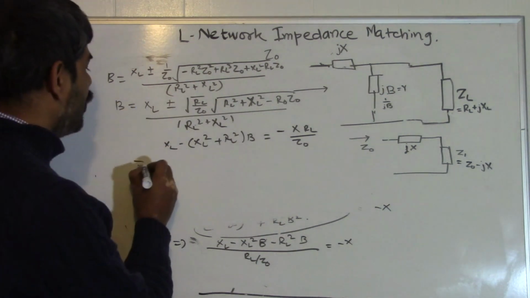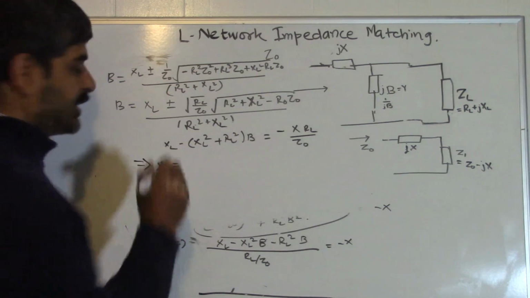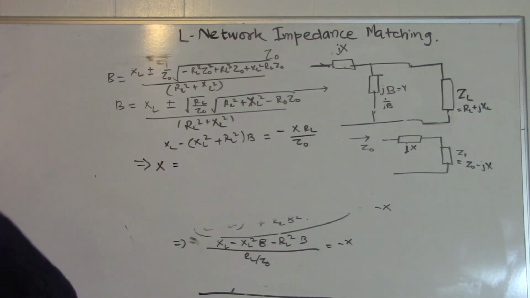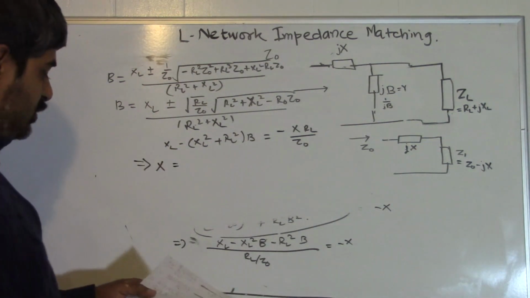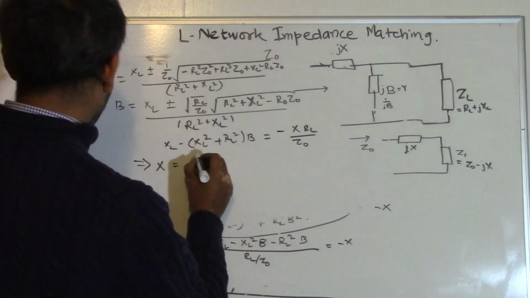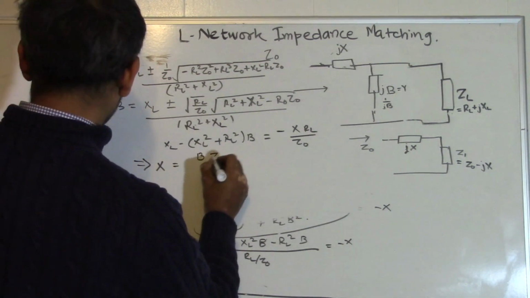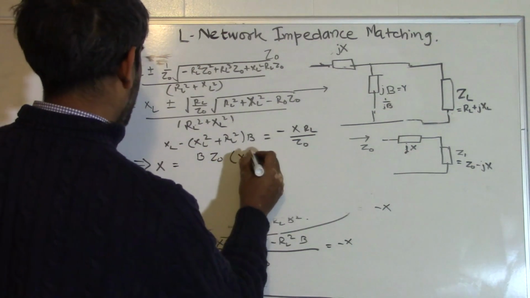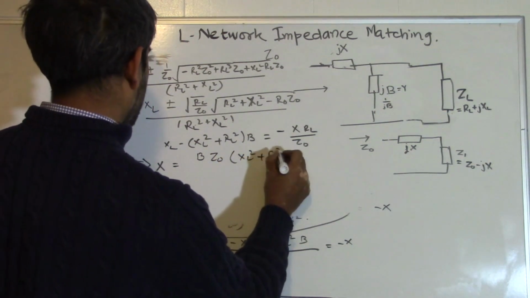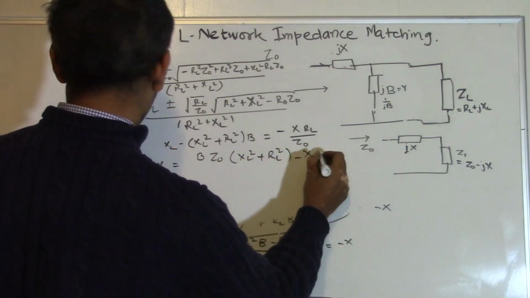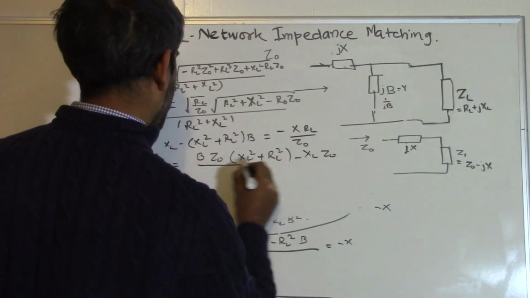If you simplify the whole thing, you should get X equal to, I'll directly write it to you so you can verify it: X is equal to B Z naught XL square plus RL square minus XL Z naught divided by RL.